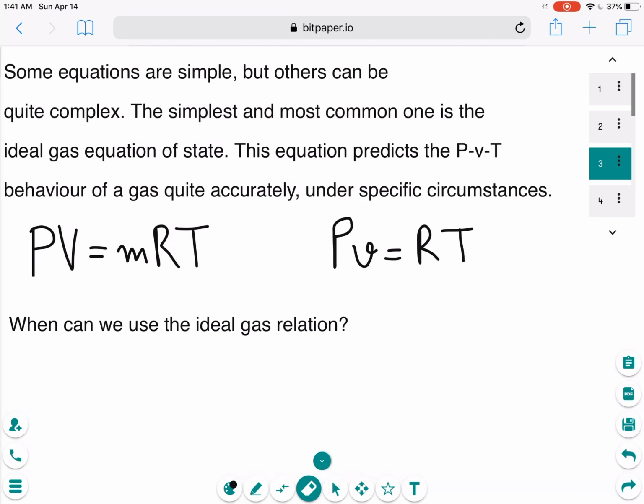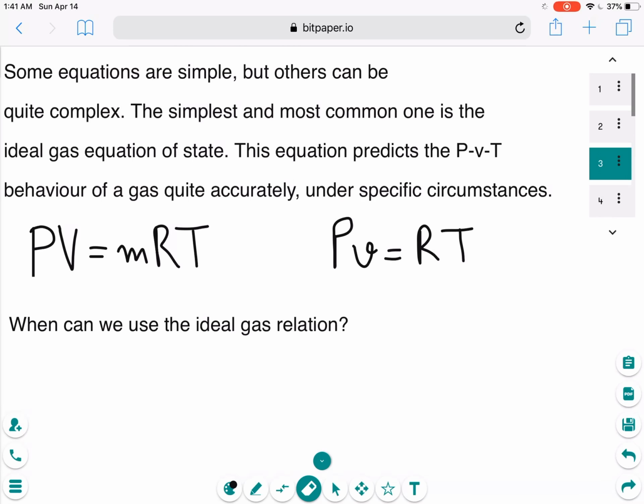Now some are simple, others can be complex. The simplest and most common equation of state is the ideal gas equation of state. This equation predicts the PVT behavior of a gas accurately under specific circumstances.